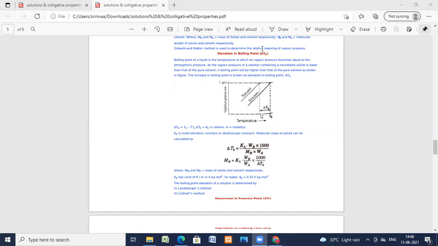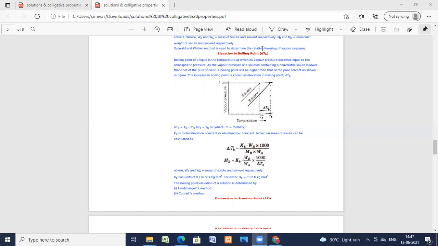During summer, it boils quickly, and during winter, it will take some time. Why is that happening so? It is because it has to reach the boiling temperature. It is because when the atmospheric pressure is equal to the vapor pressure of the solution, then the liquid starts boiling.